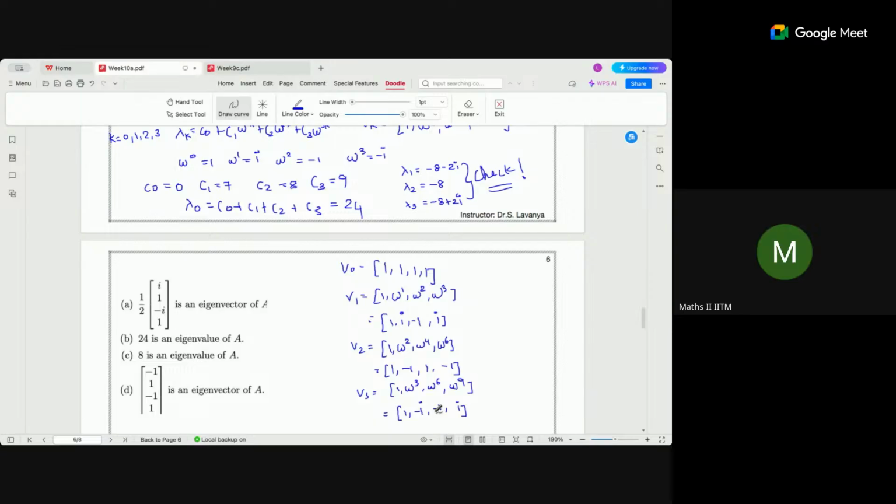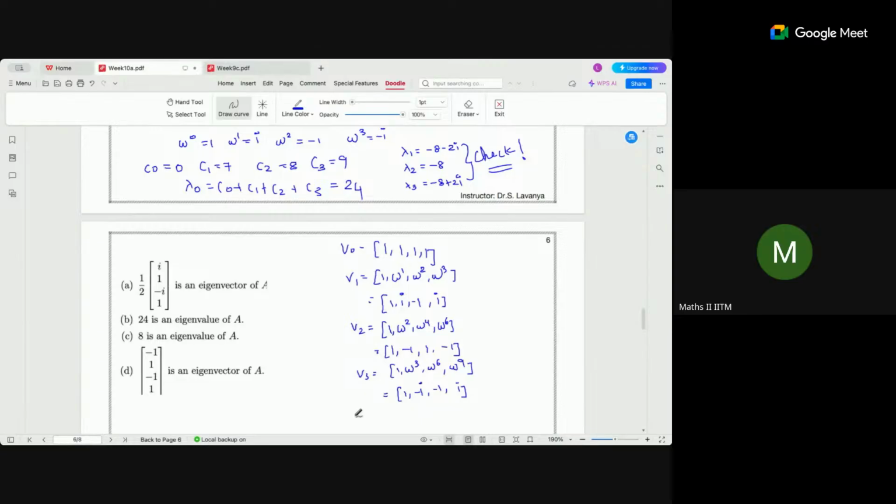So if I multiply minus I, okay, just if I multiply I won't get this. Here if I multiply I, will I get it? It looks like yes. What is I times V3?